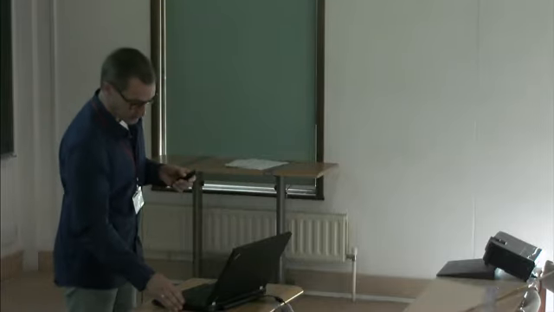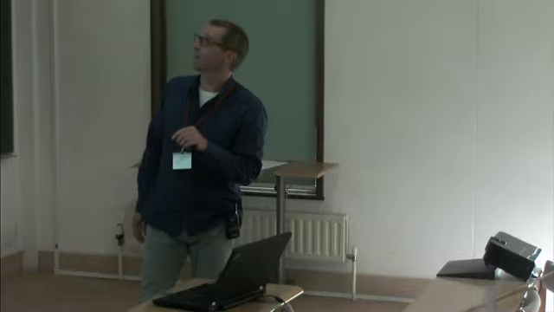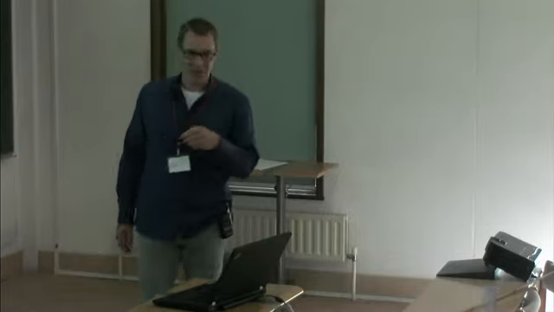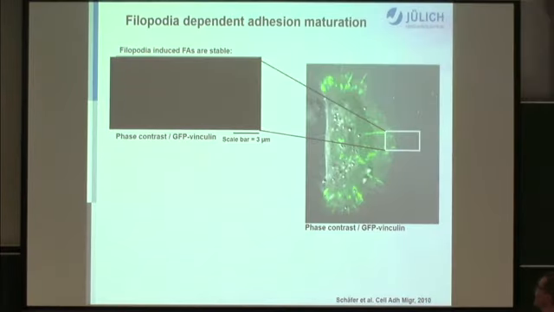So now let's come to the connection, as Sasha already mentioned, between the filopodia and the focal adhesions. I'd like to show for this specific cell type the dependency of stable focal adhesion formation on filopodia.